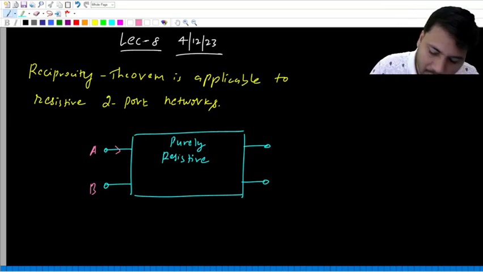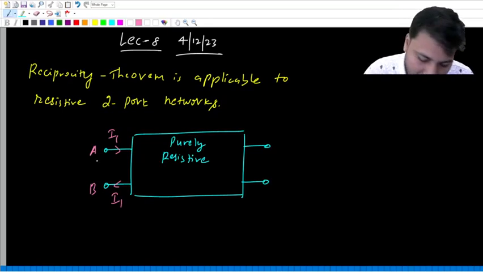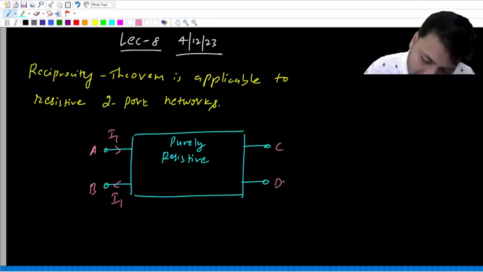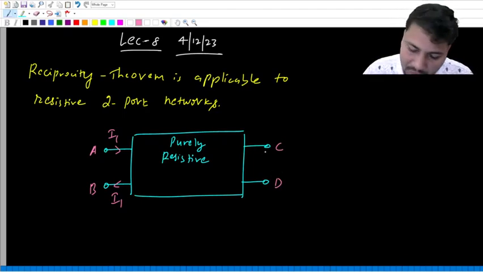Let's say the current flowing into the network at one terminal is some I1. Then the current flowing out of the network at the other terminal also should be I1. So at one terminal I1 is entering the network, and at the other terminal I1 is flowing out of the network. Then only A and B will form a port. Okay. Similarly, if I call the other two terminals on the right side C and D, when will terminals C and D form a port?